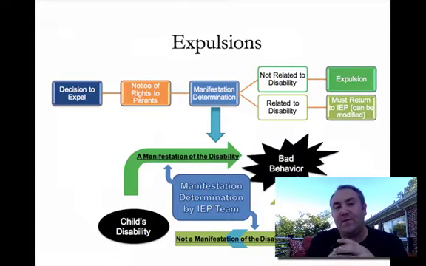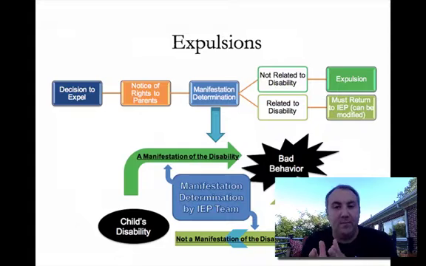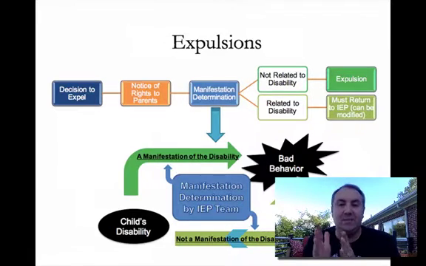If it is a manifestation of the child's disability, then you may not expel the student for that behavior. Okay, let that sink in. If the behavior is a manifestation of the disability, then you may not expel that student for that behavior.